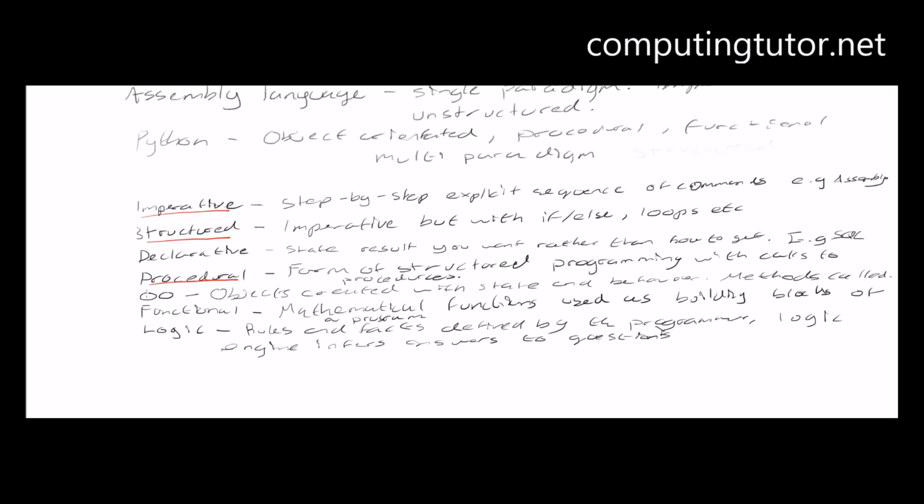But declarative, object-oriented, functional, and logic are quite well defined and quite separate. If you want more detail on programming paradigms and how to write programs in different programming paradigms, stay tuned for my future tutorial videos.